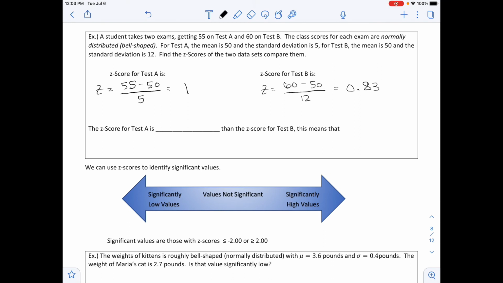It also says below this, the z-score for test A is blank, then the z-score for test B, and this means.